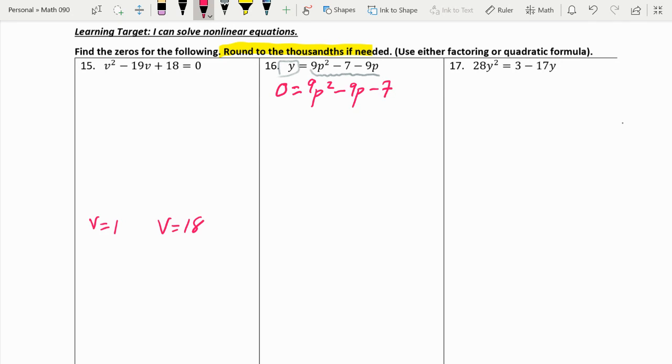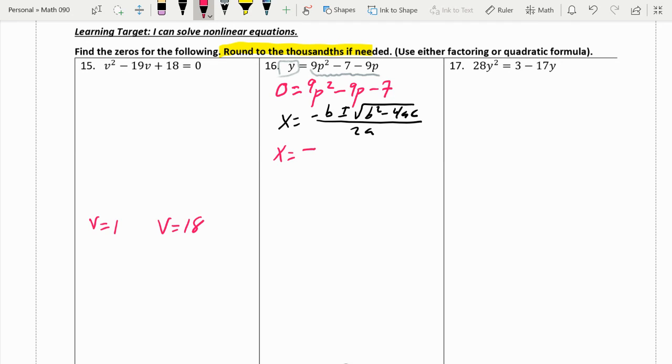All right, so you guys remember the quadratic formula. x is equal to negative b plus or minus the square root of b squared minus 4ac, all over 2a. Now plug all that in. I'm not going to write a, b, and c for you guys; at this point you should know.